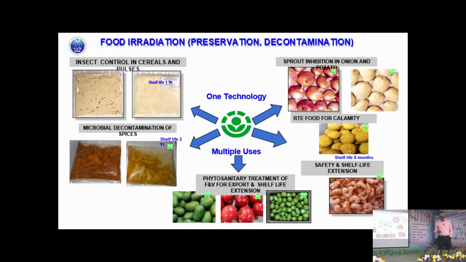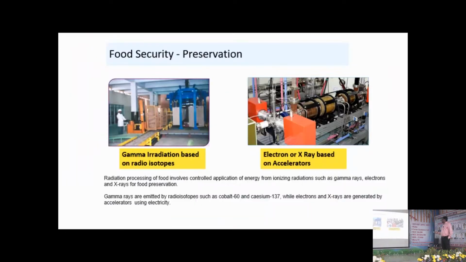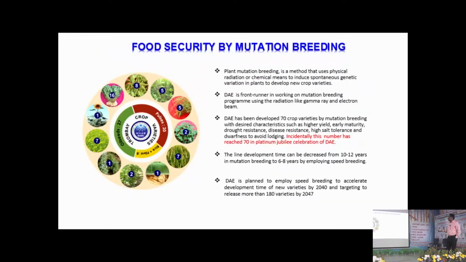So there is a quarantine barrier which we were able to cross, and farmers in Maharashtra are very happy about this development which we did 2 years back. And how we do this food irradiation is, 2 methods are there. Radioisotope cobalt-60 is there, and we can also use accelerators for this.